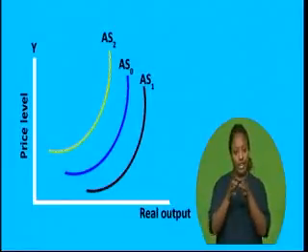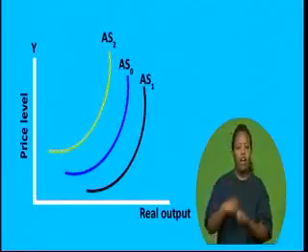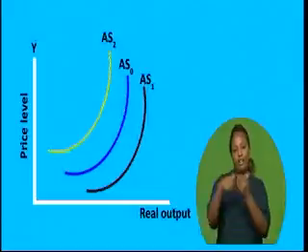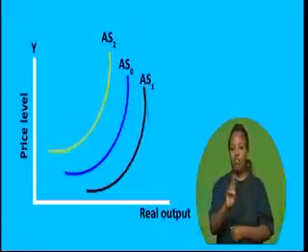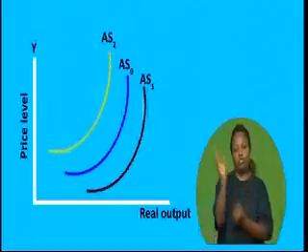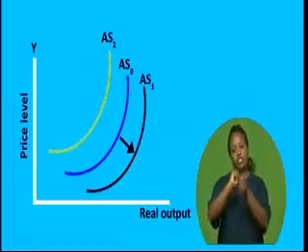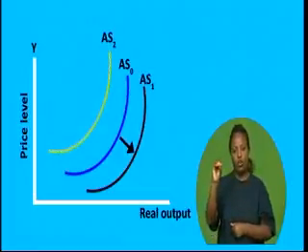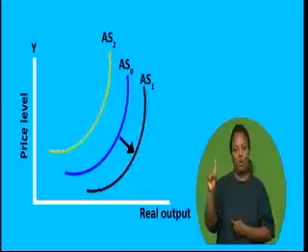As illustrated in the graph, an increase in aggregate supply is explained by a rightward shift of the curve, that is, a shift from AS0 to AS1.